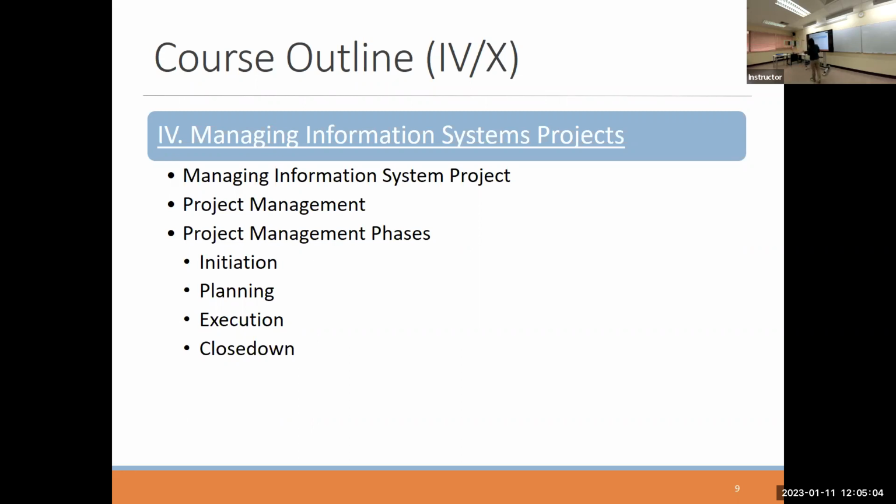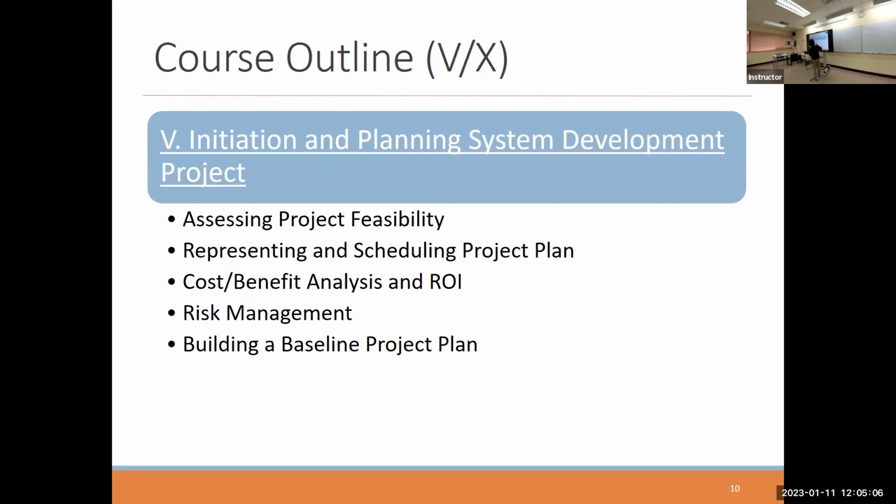Okay, so when we say managing successful projects, it has several factors, so we will learn. There will be factors related to the financial cost and benefit of the project. There will be factors related to the scheduling. There will be factors related to the scope of the project as well. And many things. Not everything is static.